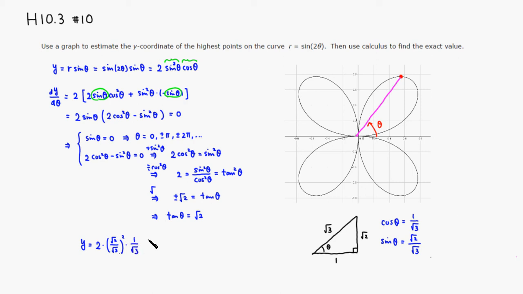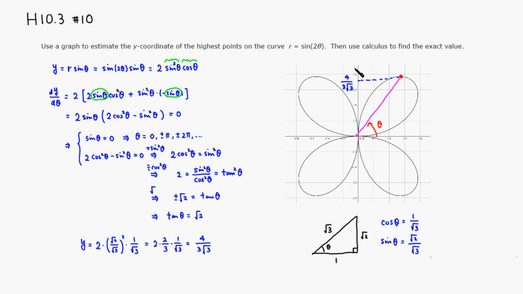So this is going to be 2 times, and square that, it's 2 over 3, times 1 over square root of 3. Which means that it's going to be 4 over 3 square root of 3. So this value right here is 4 over 3 square root of 3.